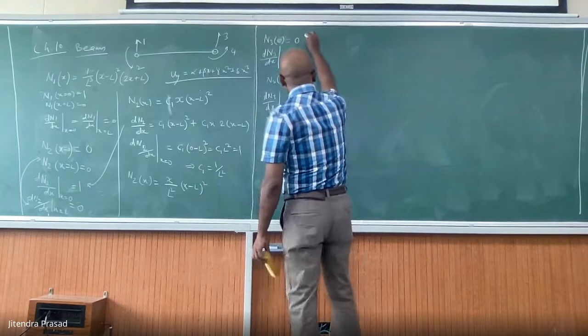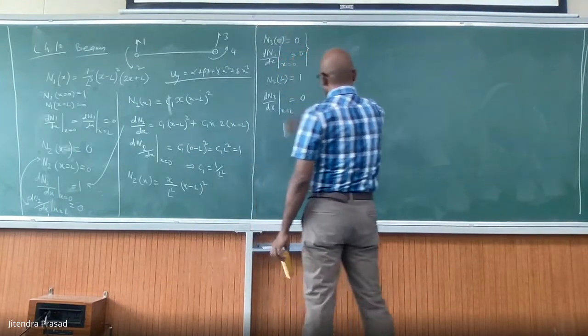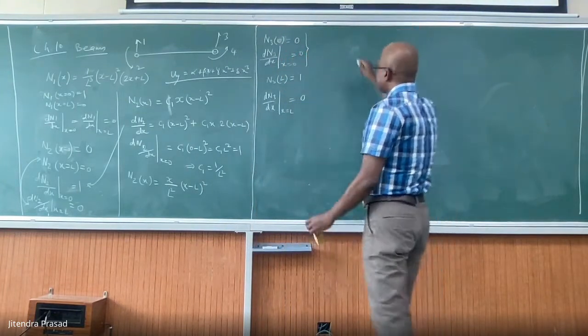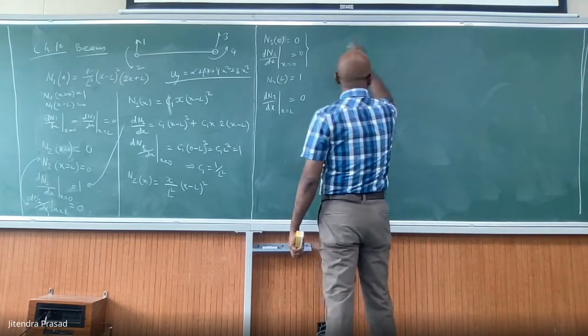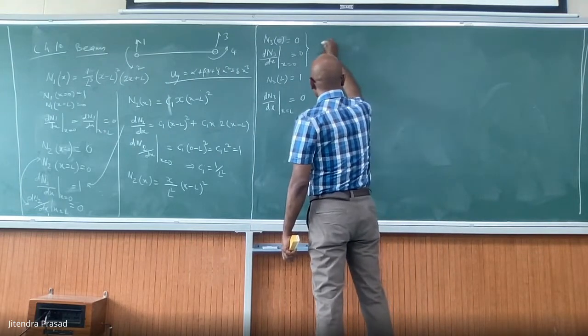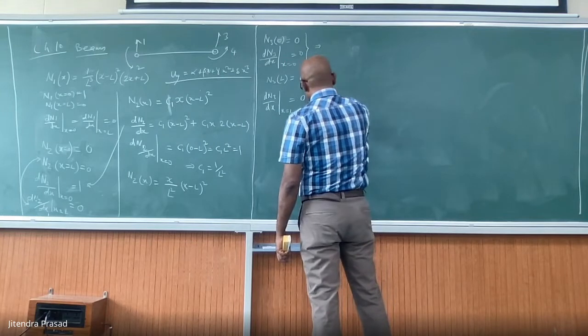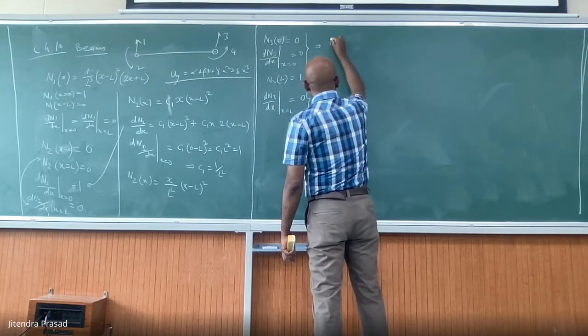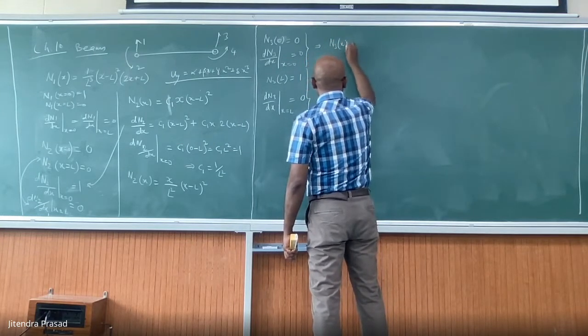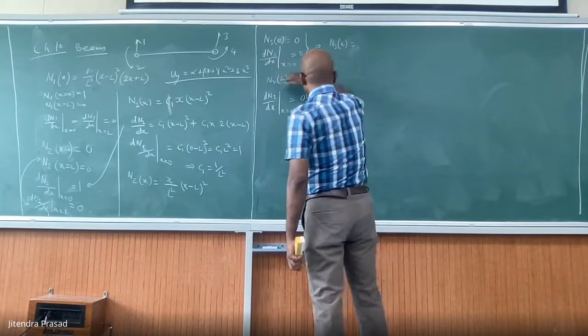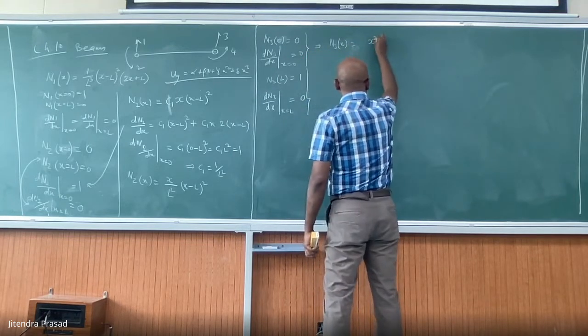So this has a double root at x equal to 0. Hence, based on this, we can propose N3(x) is equal to, it will have x square.